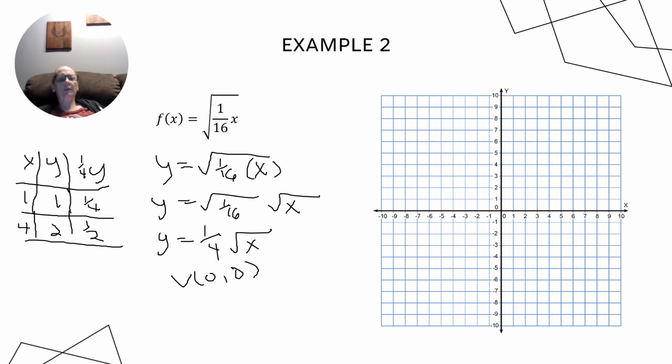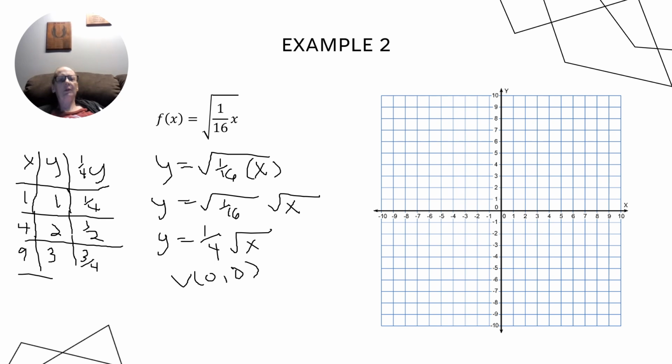We'll try and do one more. So the next perfect square would be 3 squared, which is 9. So square root of 9 is 3. 3 times 1/4 is 3/4. Still pretty small.